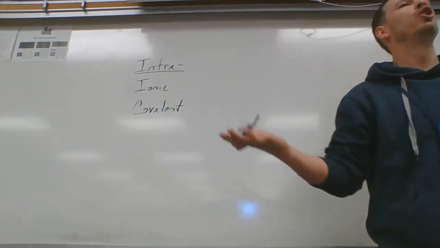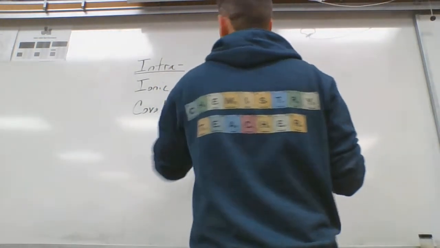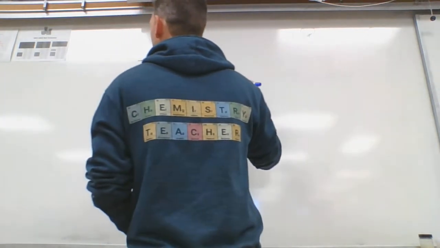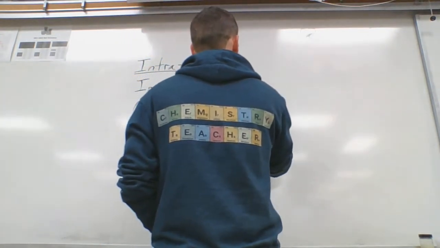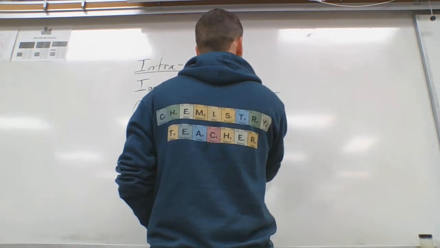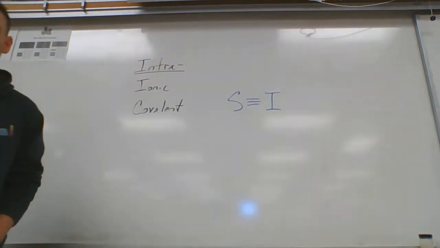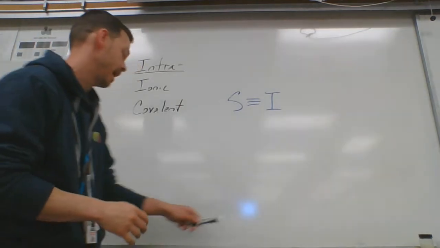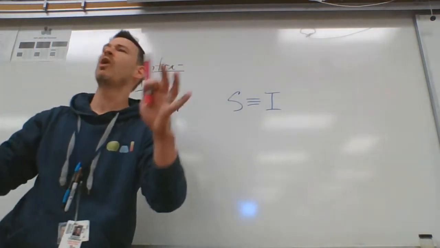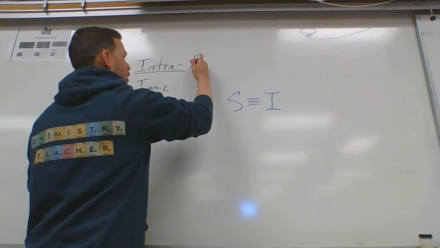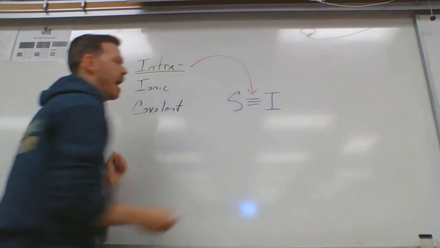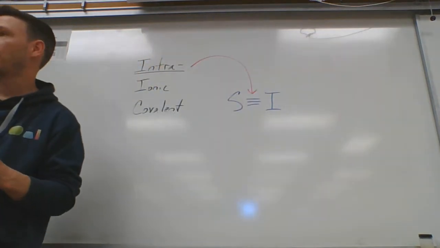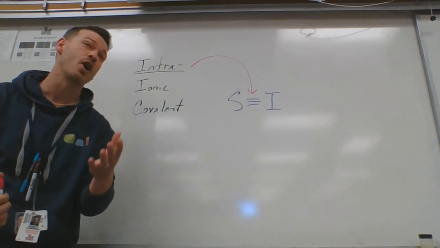If we were to look at a random compound, say I bond sulfur to iodine, this is made up, but if I use this fake example, the intramolecular force would be that bond right there. That would be a covalent bond because they're both nonmetals.